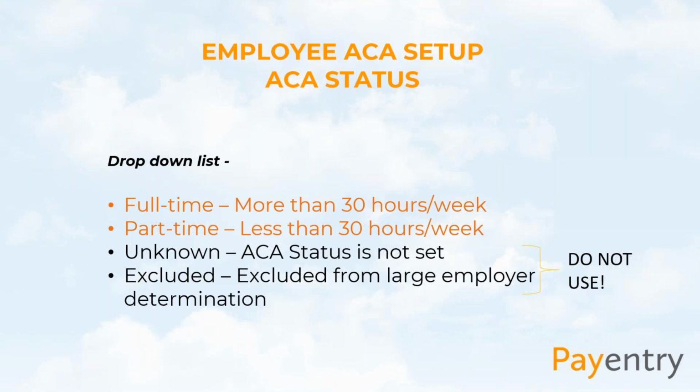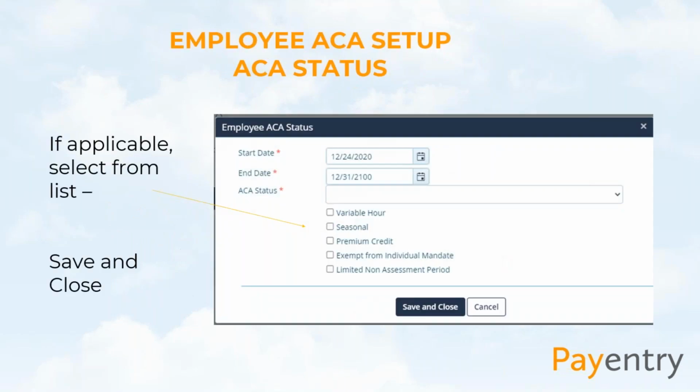Then the next thing you can do is if that person works variable hours, they're part-time and they work variable hours, or they're full-time and they work variable hours, or they're seasonal. You only hired them for the Christmas rush. Use one of those to show that those hours may vary, even if they're full-time or part-time.